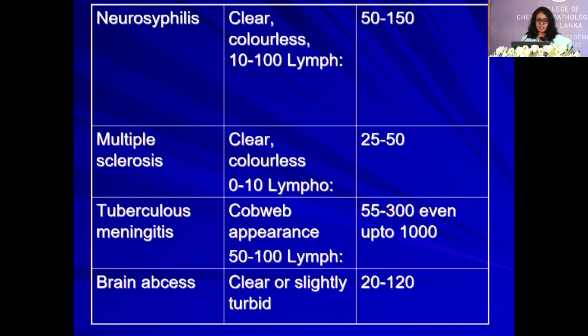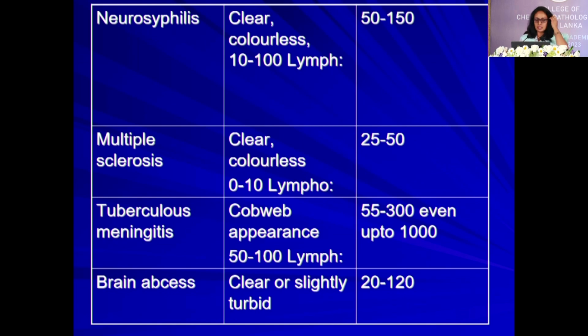In multiple sclerosis, it is clear and colorless, with 0 to 10 lymphocytes and total protein 25 to 50. In tuberculous meningitis, you can see a characteristic cobweb appearance with lymphocytes 50 to 100, and total protein ranging from 55 to 300, and it can go up to 1000 even.